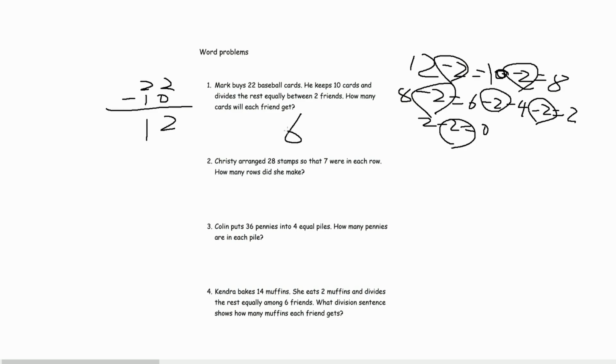Number 2. Christy arranged 28 stamps so that 7 were in each row. How many rows does she make? 28 stamps so that 7 were in each row. So we're going to need to find out how many rows she had.